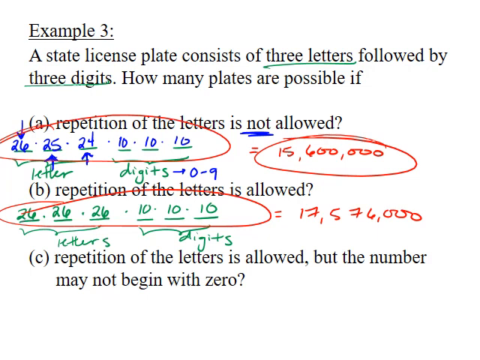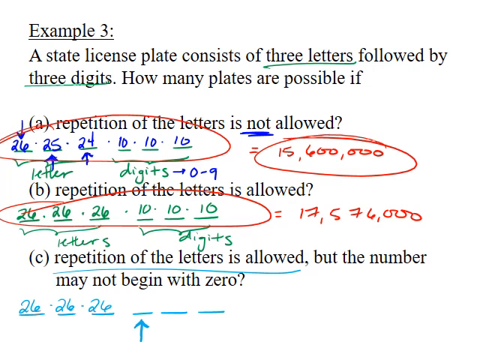All right, let's look at this last example. It says repetition of the letters is allowed, so that would be 26, 26, and 26, but the number may not begin with 0. Okay, so now we have a restriction on this piece only.